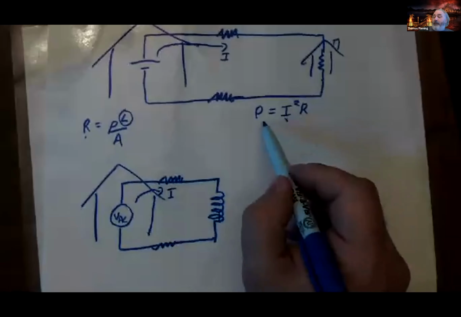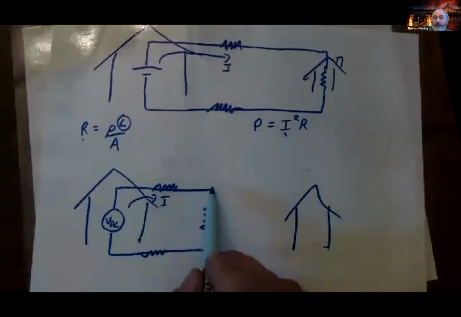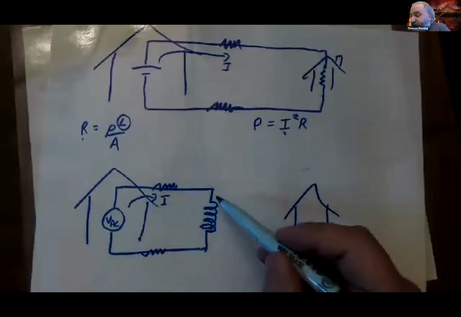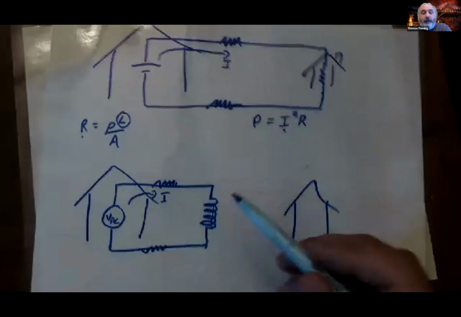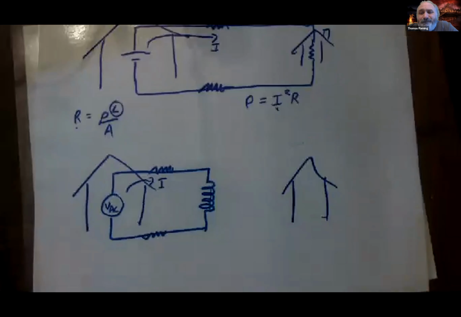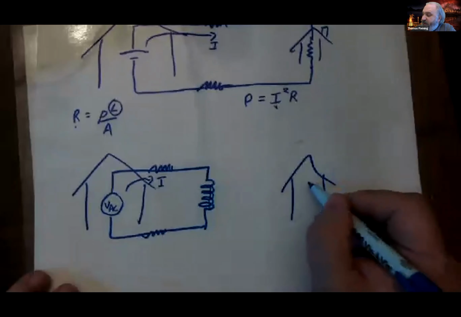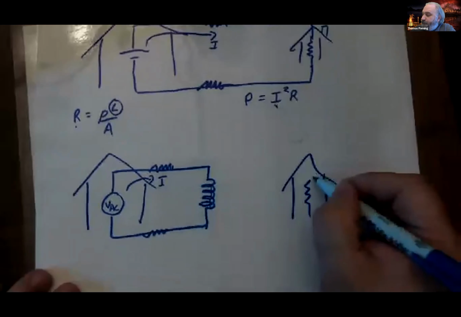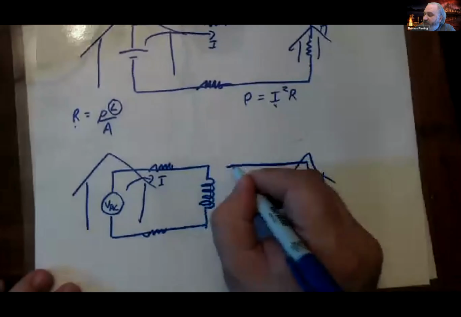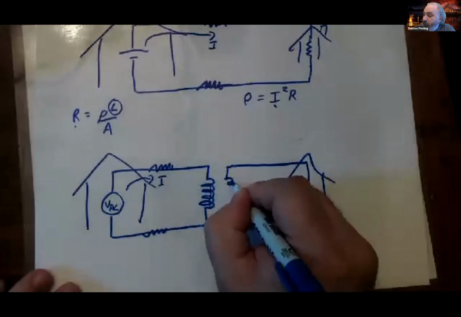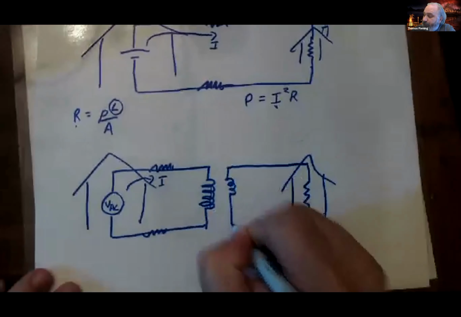That's a million times less power I have to waste getting from here to here. But I still have a huge voltage across that inductor. Problem is, that doesn't help the house at all. So here's what you do. The house, which again is kind of like a big resistor, is connected to a second coil.